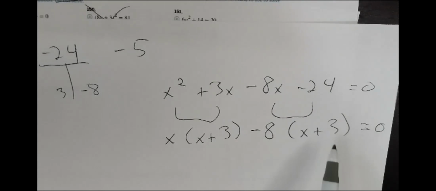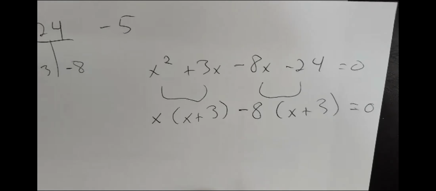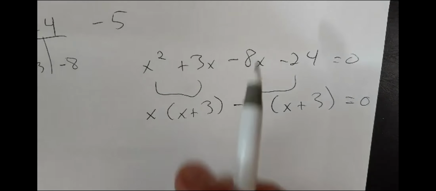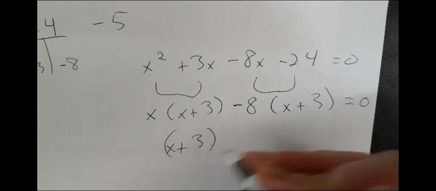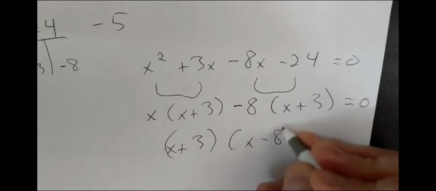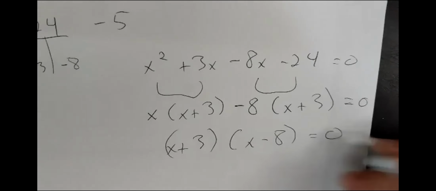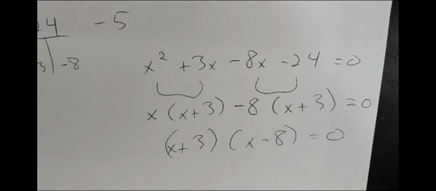If you didn't take out the negative, your signs wouldn't match up, right? That goes back to the idea: if it leads with a negative, take out a negative. So x plus 3 and x minus 8 are hopefully the two things you see there.